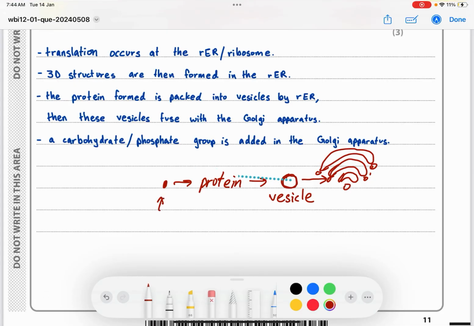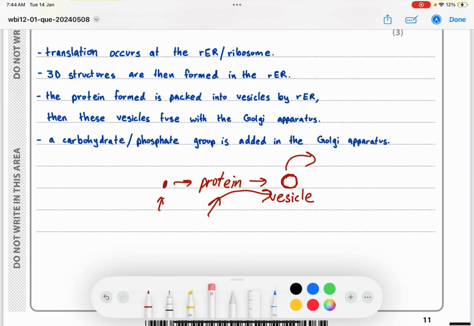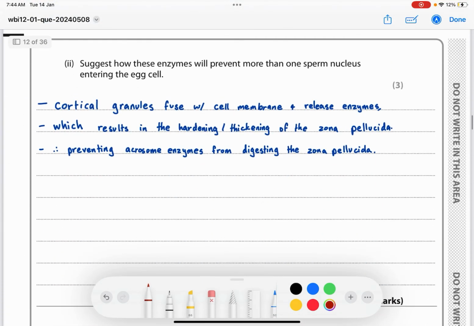Ribosome, translation occurs, 3D structures are formed, you get a protein. This protein is packaged into a vesicle. The vesicle is then transported in the cytoplasm, and it fuses with the Golgi apparatus. Within the Golgi apparatus, a carbohydrate or a phosphate group is added to the protein formed, and that is how these molecules are formed. Okay, move on.